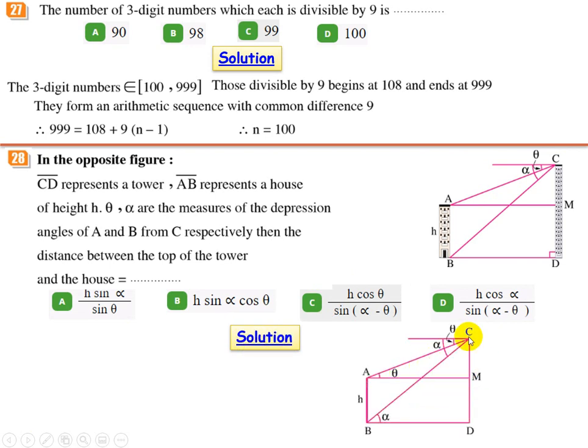I draw it again and put the alternating angles, theta and alpha. Triangle ABC, h over sine(alpha minus theta) equals AC over sine(90 minus alpha), which means cosine alpha. So AC equals h cosine alpha over sine(alpha minus theta).